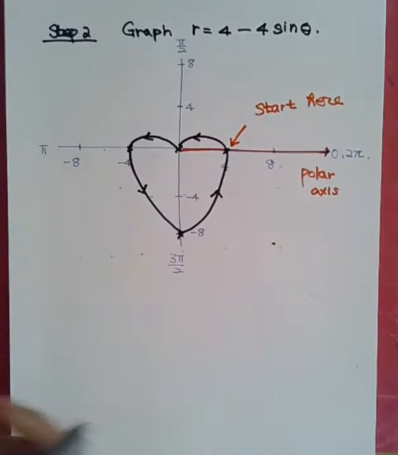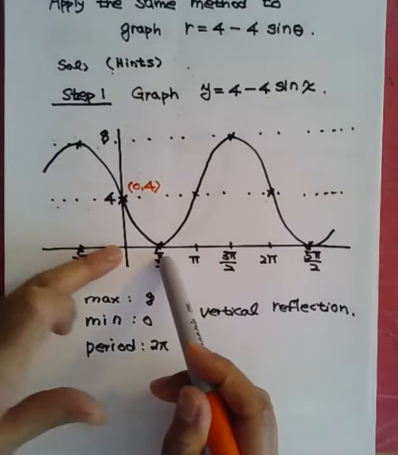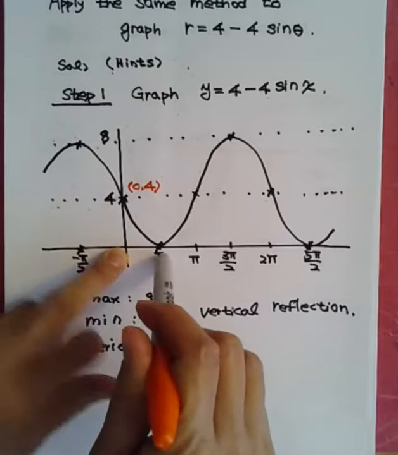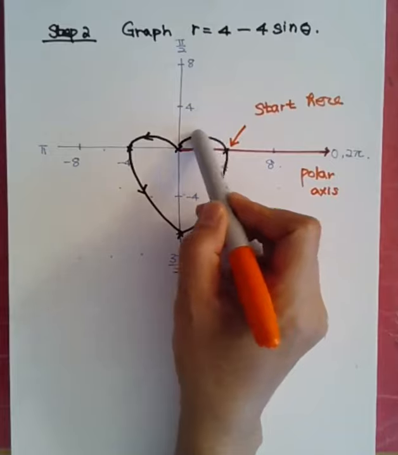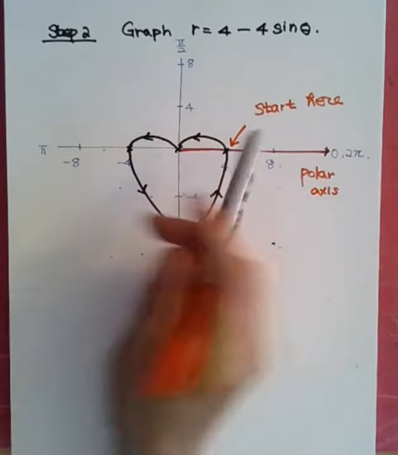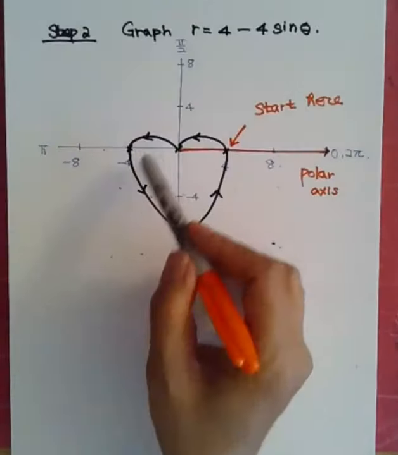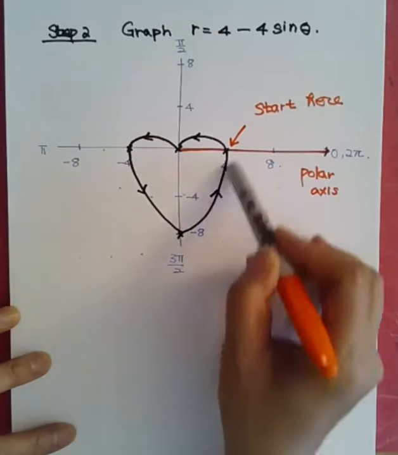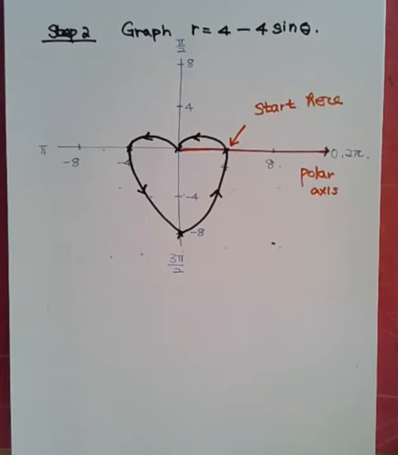And then when angle varies between 0 and pi over 2, the distance will decrease and eventually become 0. So we travel this way and then we keep interpreting the graph here, and then we will get the vertical cardioid. You will fill out all the details so that you make sure that you understood everything clearly.